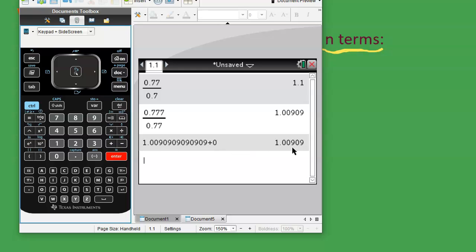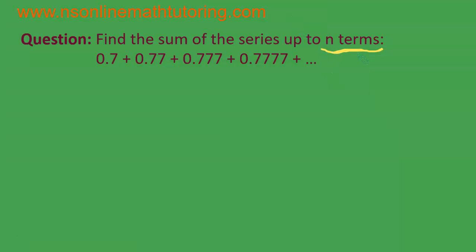Again, it has given up to 5 decimal places. So, this proves that this is not a geometric sequence or series because there is no common ratio. And it is not an infinite series as well.